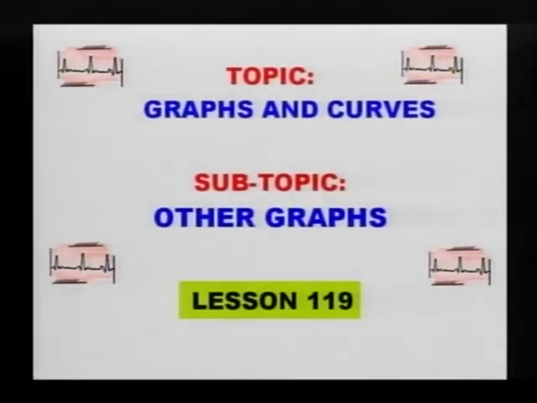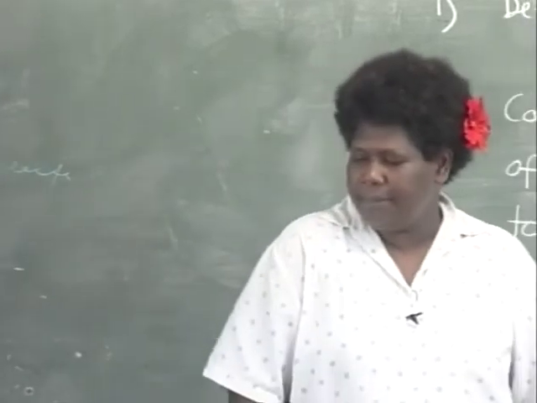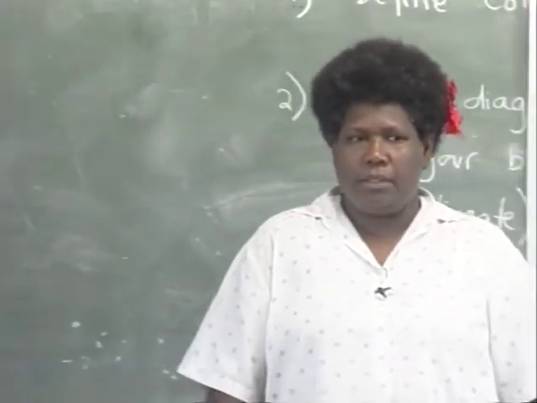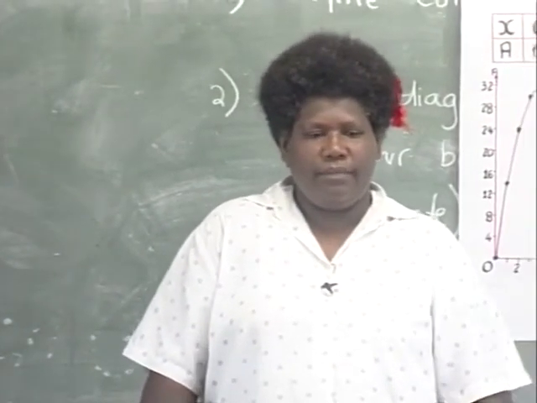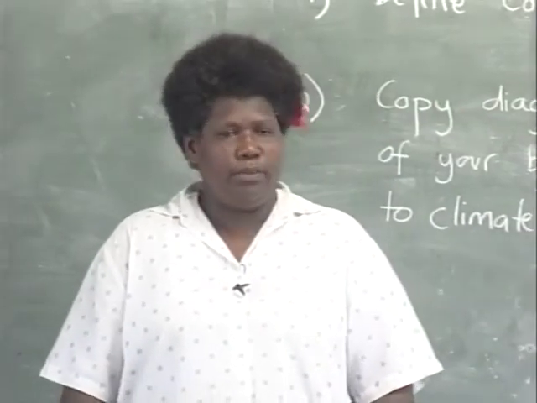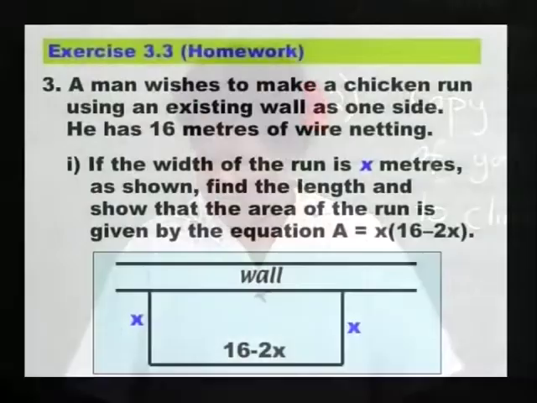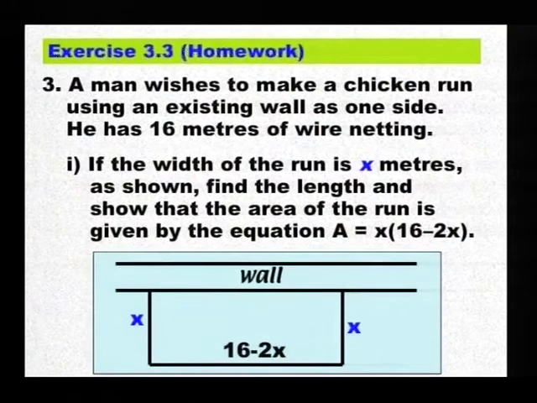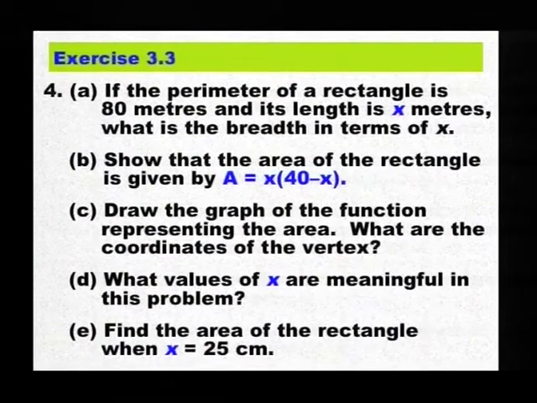But before we do that, we have to look at the homework that you were given. You were given question 3, question 4, and question 5 on quadratic models, the previous exercise. Question 3, Jake will answer on the board. Question 4, I think it's Hekoi.